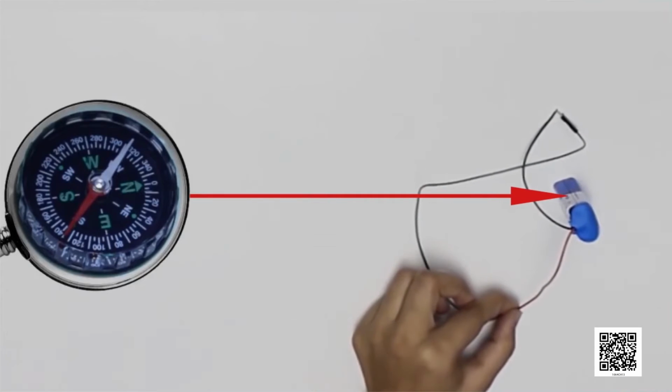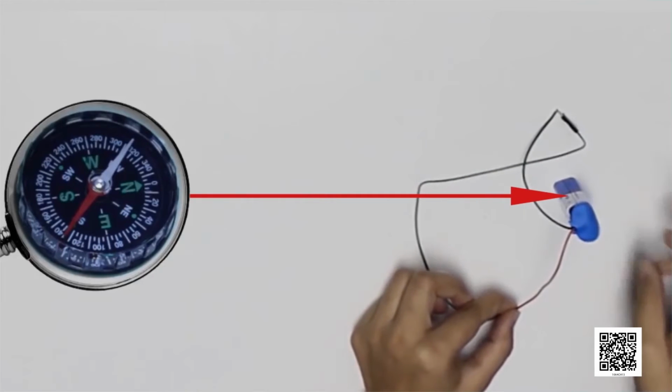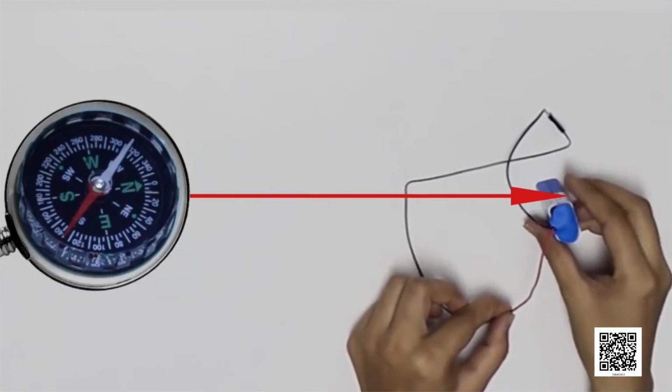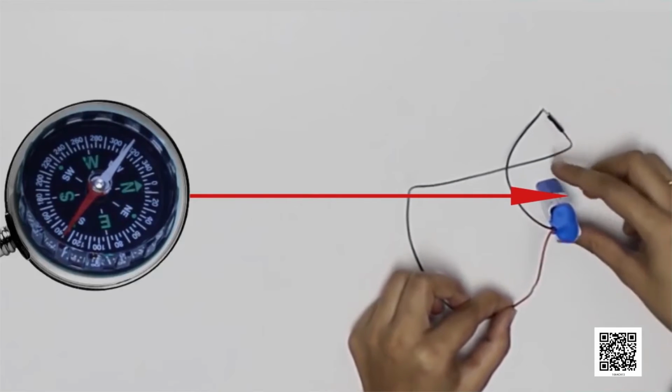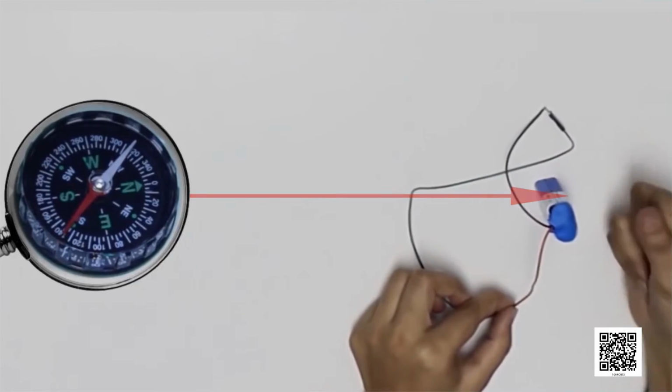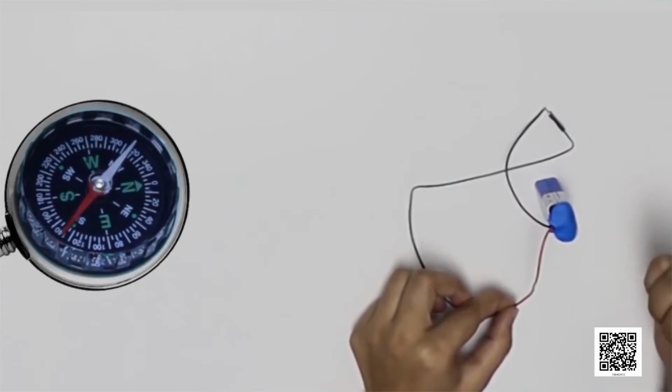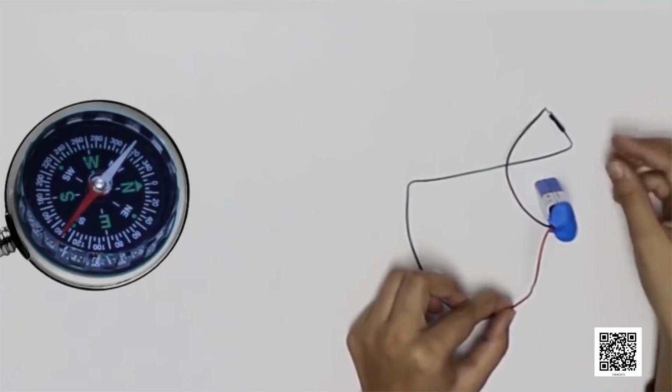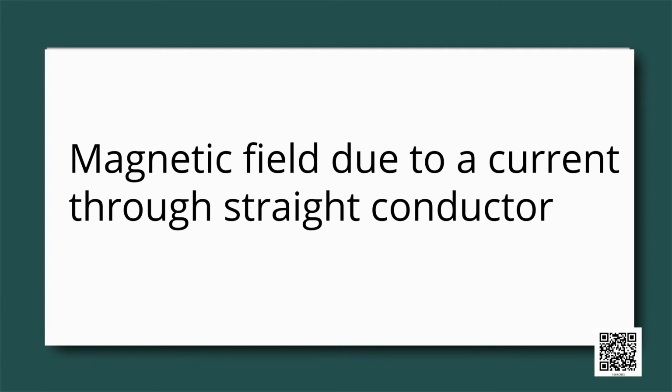If the distance is more, deflection seen in the needle will be less, and if the distance is less, deflection will be more. Next, we will study about magnetic field due to a current through straight conductor.